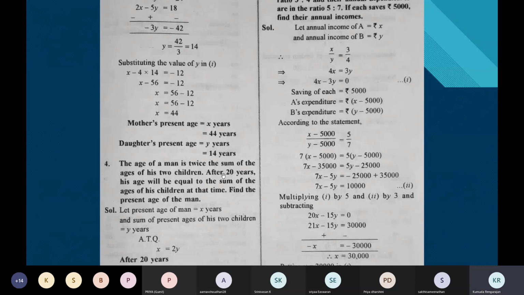Now, supposing there are 3 children. Supposing y is the sum of the ages of 3 children.